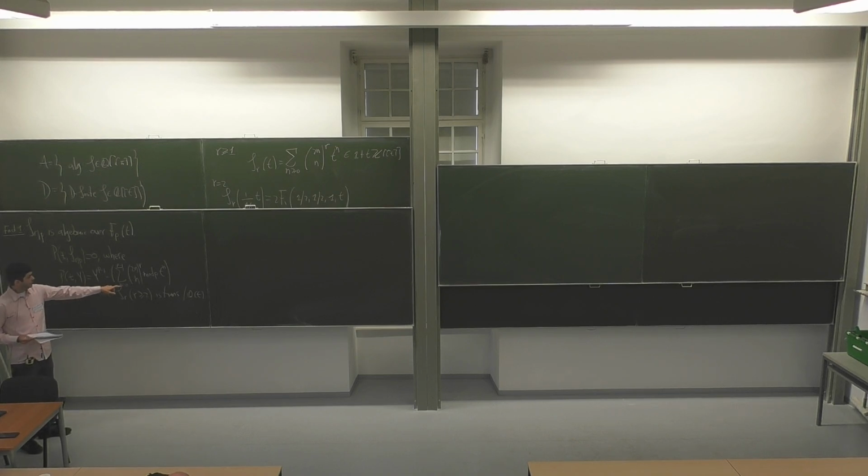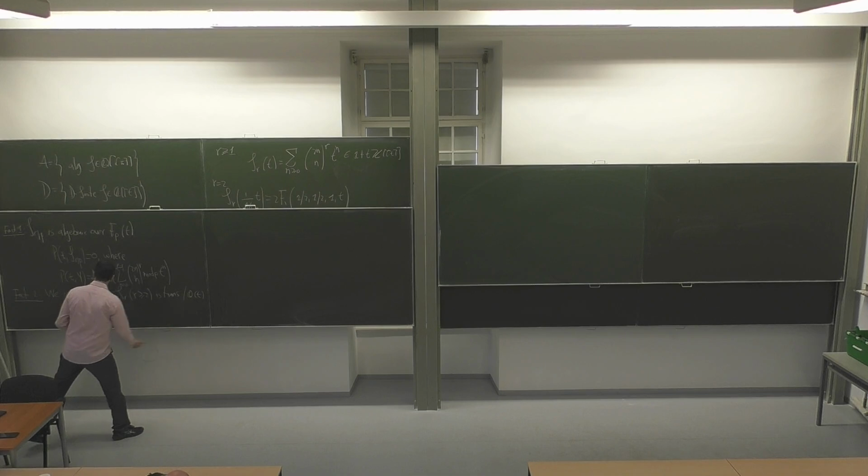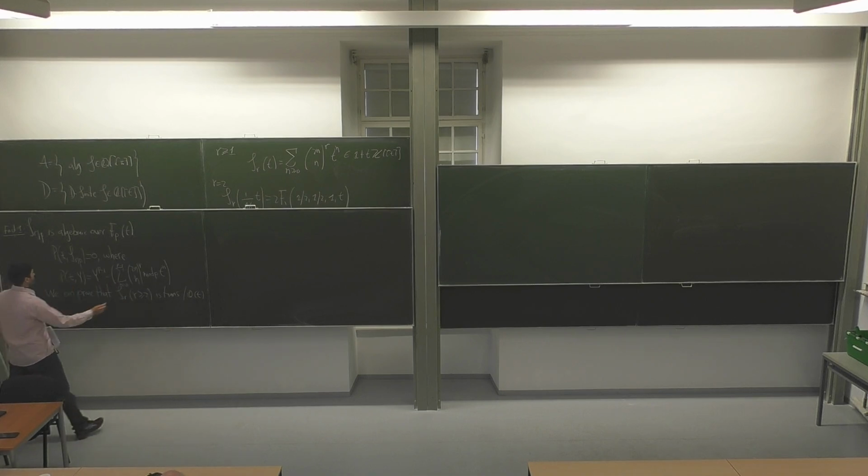It is actually this polynomial. It's transcendental over Q(t) by using this. That is the approach given by Chowla and Woodcock.